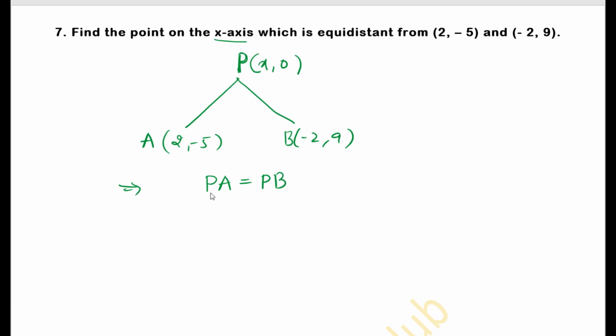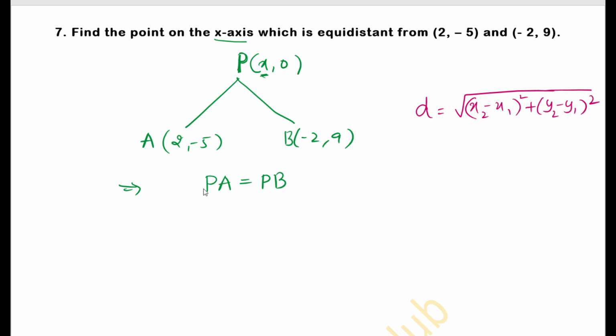How to find out PA? By using the distance formula, find out the length PA and find out PB and simplify to find out the value of x. It gives the point on x-axis. Now we'll find out the length PA and PB. By using the distance formula, D equals square root of x2 minus x1 the whole square plus y2 minus y1 the whole square.